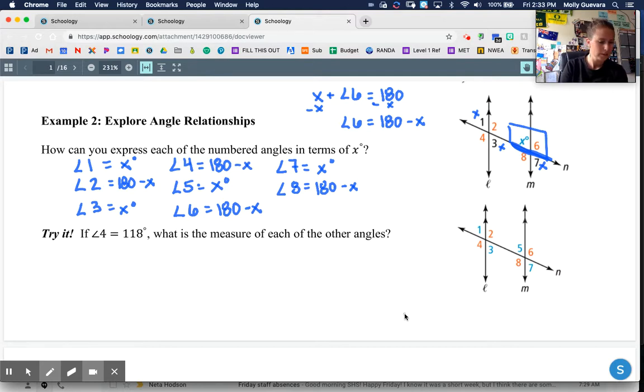Whoosh! Okay, so now you guys are going to try it yourselves with a number, though. I'm given that angle 4 is 118, and I want to find the measure of each angle.